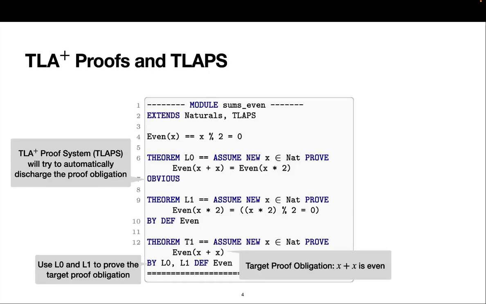And so does L1. TLAPS can prove that automatically by using this by-def directive. Once every theorem in this module is discharged, we know that the target theorem T1 is proved. And this is basically how a TLAPS proof looks.